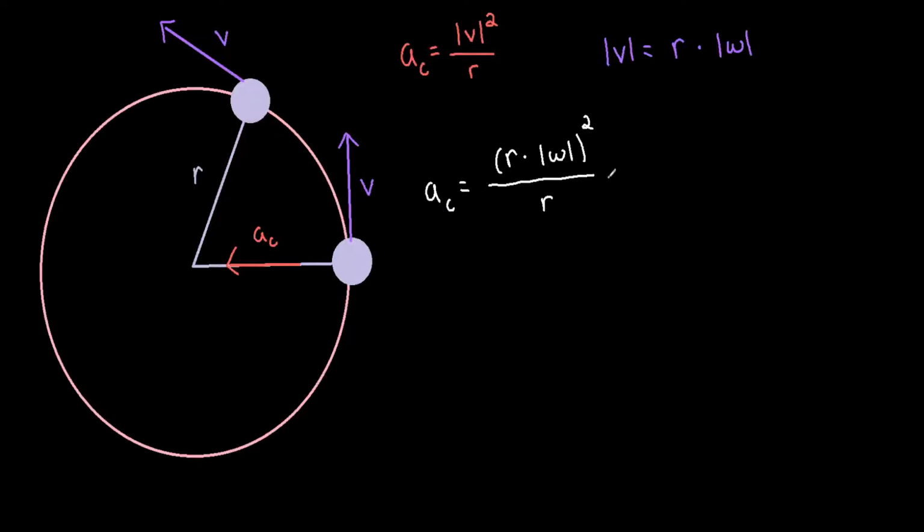And this will simplify to the radius times the angular speed squared. And now we can use this formula to solve problems when we are given the angular speed and the radius. Now let's look at some problems.